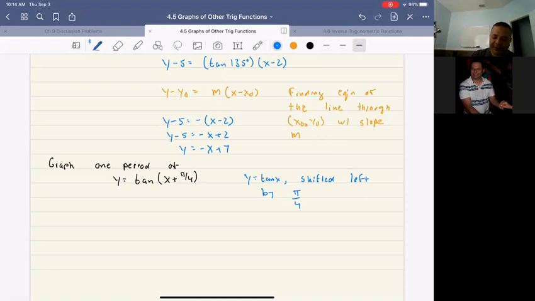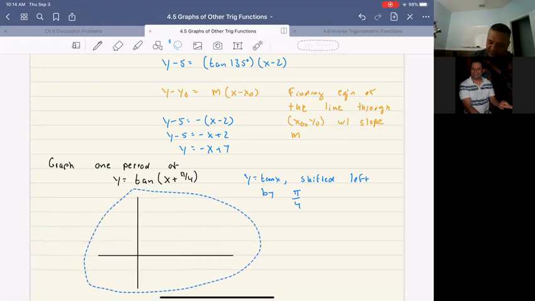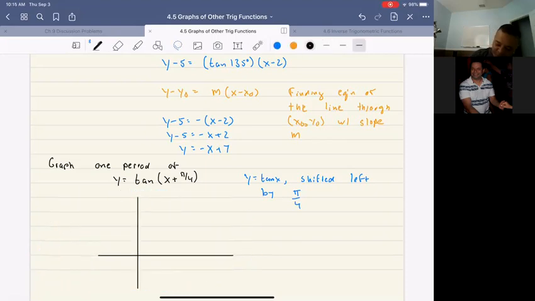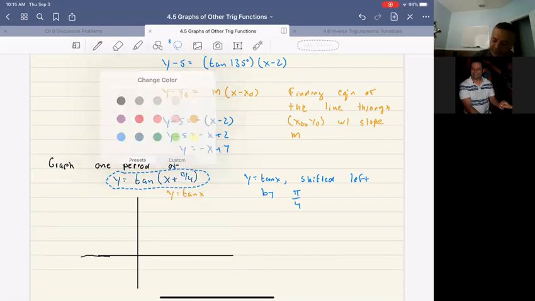Okay, so let's go ahead and draw that up. I'm going to have to shift this to the left, so let's actually start with just the tangent graph. I'm going to do the tangent graph in orange, and I'll do the shifted tangent graph in blue.